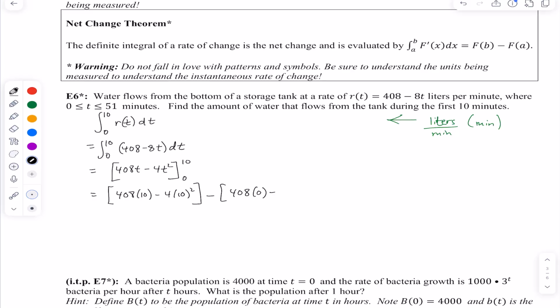Notice with polynomials, sometimes the evaluation is much easier. And notice our units end in liters, as expected.